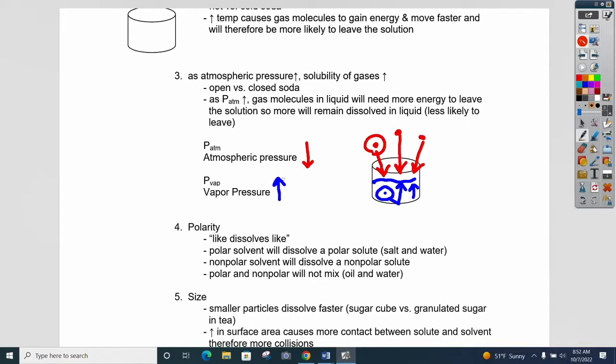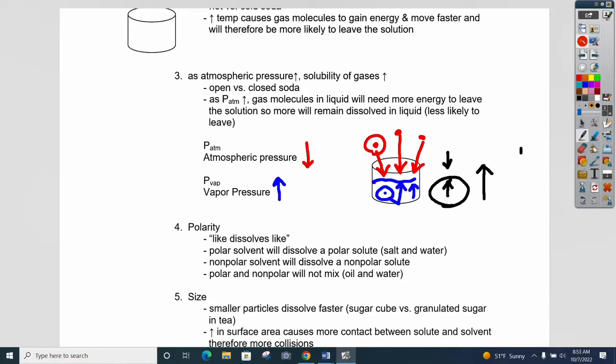So guys, just use logic. You've got two competing forces here. You've got an upward force and you've got a downward force. In order for these molecules in your solution to be able to leave the solution, you have to have enough energy in order for them to overcome that downward force. So your upward force has to be greater than your downward force.